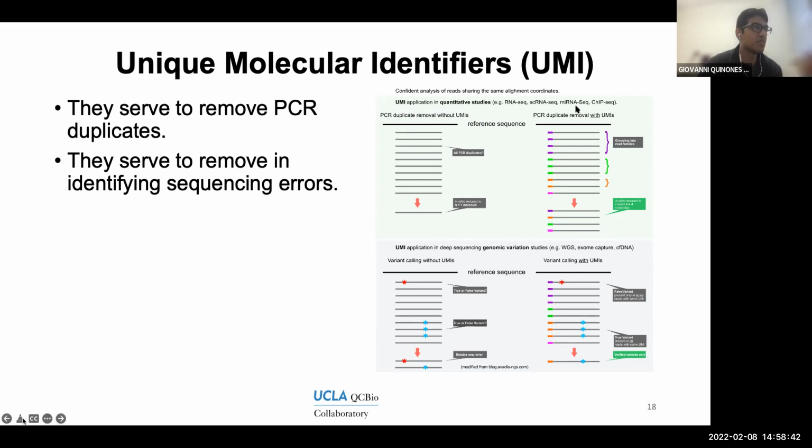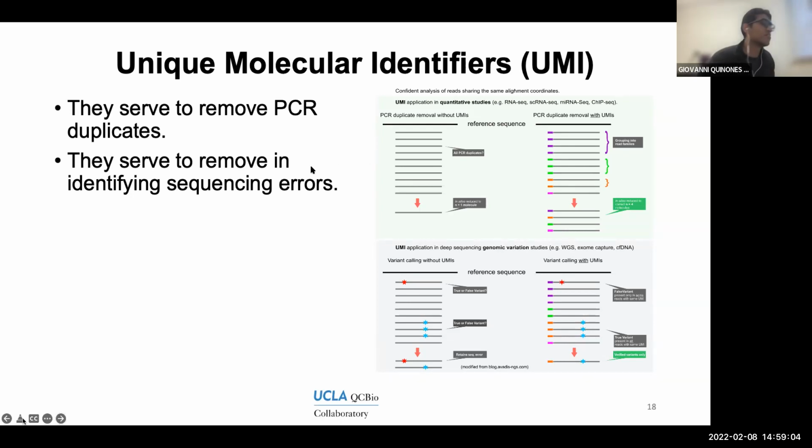Now we're mentioning the UMI, which is a label for every molecule. This implementation is very revolutionary in the field, because it has allowed us to obtain better quality data and to facilitate a lot of analysis.